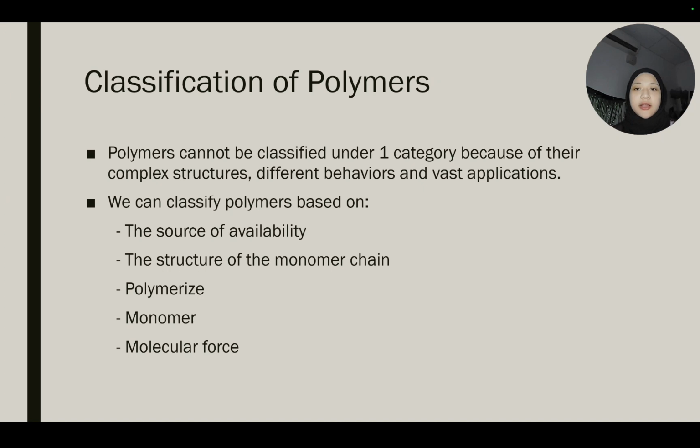Polymers cannot be classified under one category because of their complex structures, different behaviors, and vast applications. We can classify polymers based on the source of availability, the structure of the monomer chain, polymerized monomer, and molecular force.